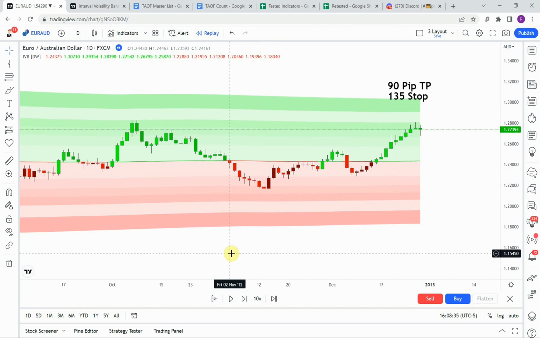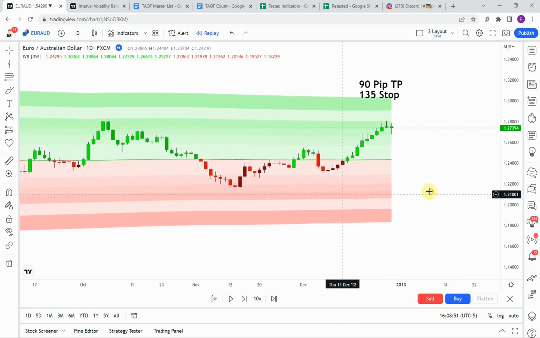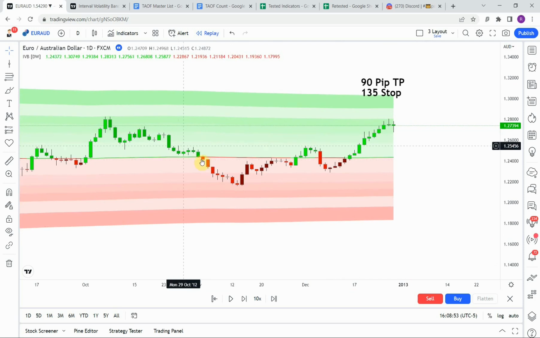You can also see that there is a bar coloration, which helps us out a little bit in visually seeing where that break from the upside or the downside takes place. Basically, what we're looking for is when we get the red candles, that's going to be a signal of a break to the downside of this mid band, or the midline, and that's going to be a signal to go short.